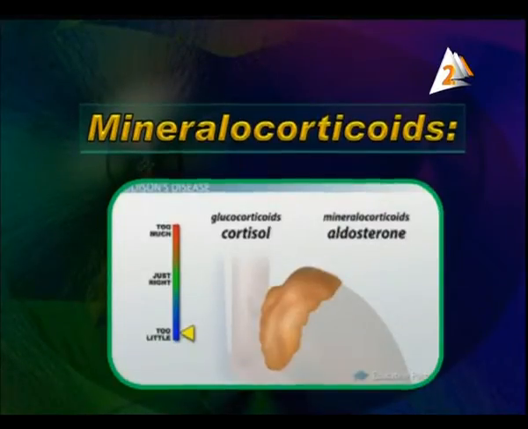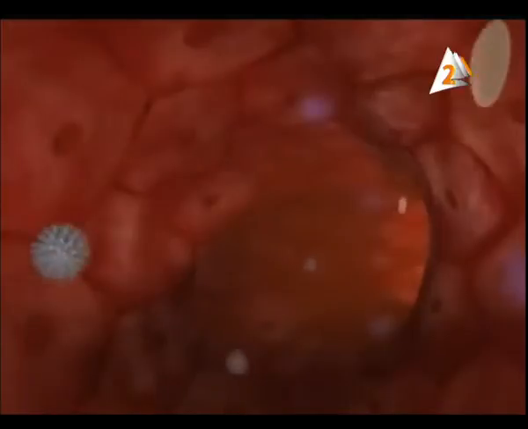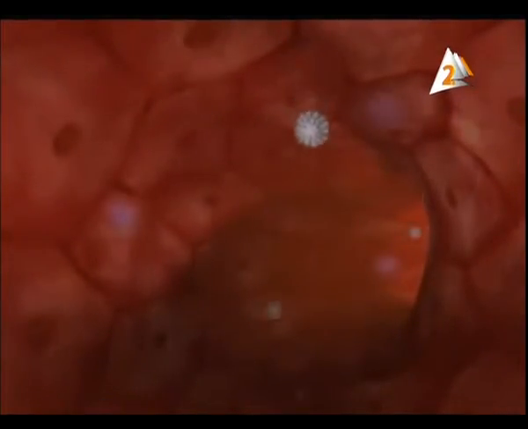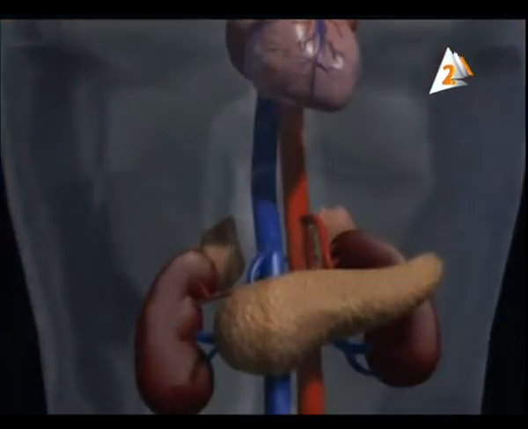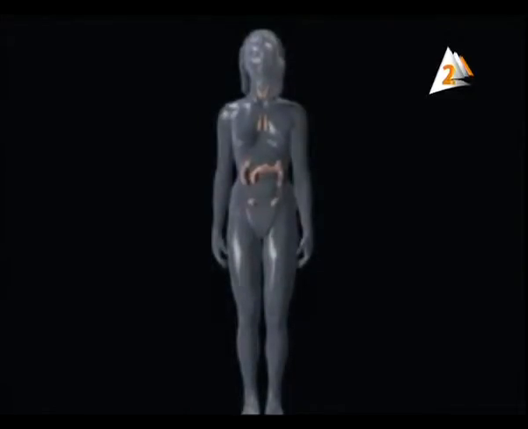Mineralocorticoids include aldosterone, which plays an important role in mineral metabolism and balance in the body. This hormone increases reabsorption of sodium and increases the excretion of potassium from the kidney tubules.